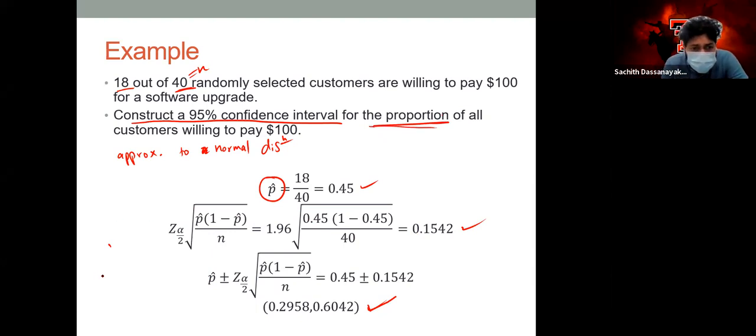This is the CI. Let's say this is the 95% confidence interval for P, the population proportion. Clear?